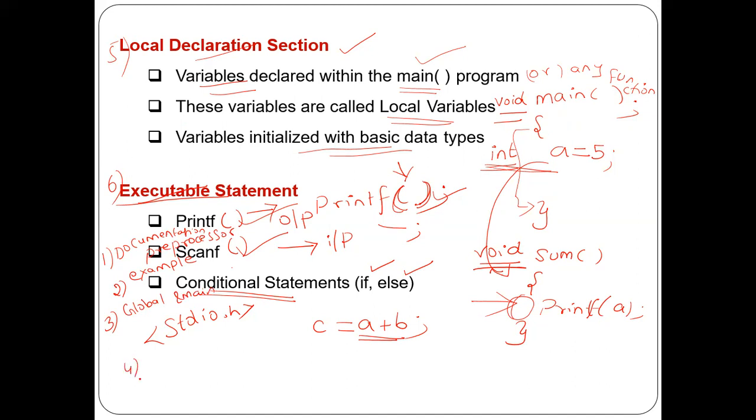In this video I have discussed local declaration and executable statements. So totally 6 topics have been discussed under the structure of C program. Please remember all the sections thoroughly. Then in the upcoming videos we will see them one by one.